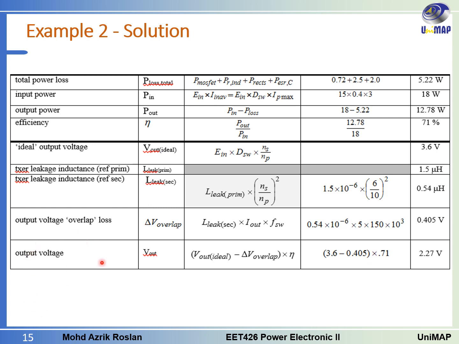And then for the final output voltage, or the real output voltage, it is the V out ideal minus delta V overlap multiplied by the efficiency, and then when you substitute everything, you will get the output voltage is 2.27.